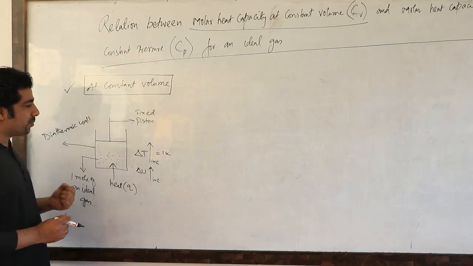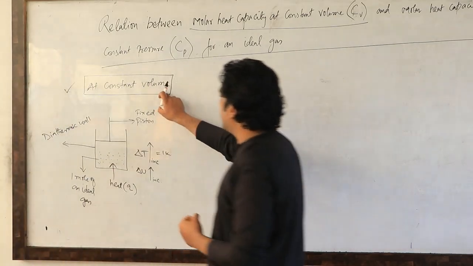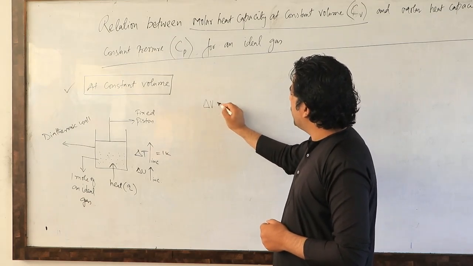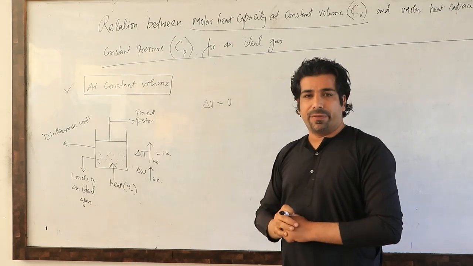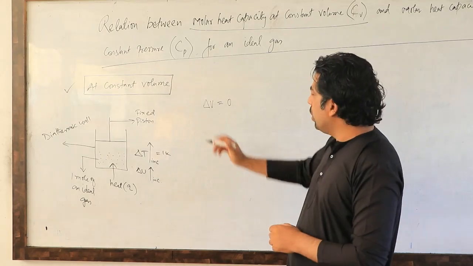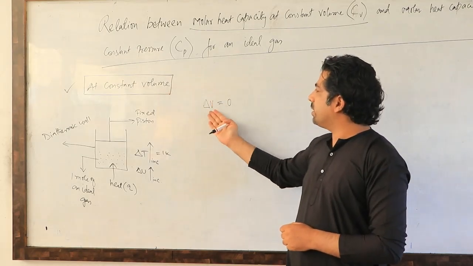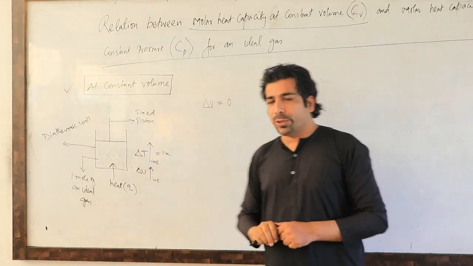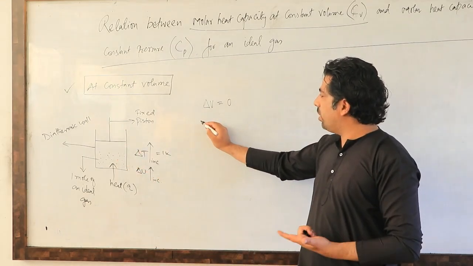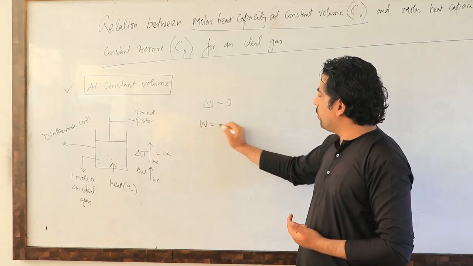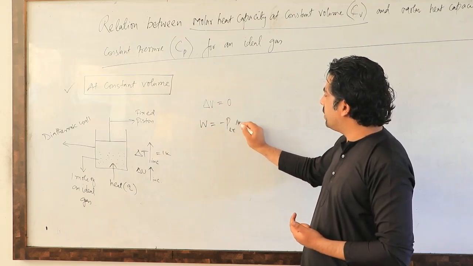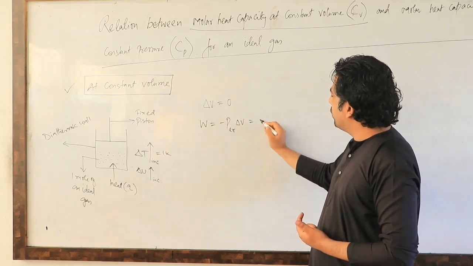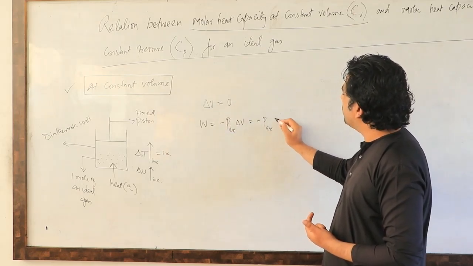So my dear friends, we also know that at constant volume, delta V will be equal to 0. Correct? So when volume is constant, delta V is 0 for this particular process. Can you tell me what will be the work? Work is equal to minus P external delta V. So delta V is 0, so P external delta V is 0.